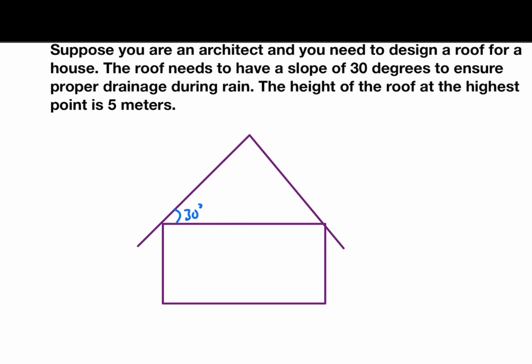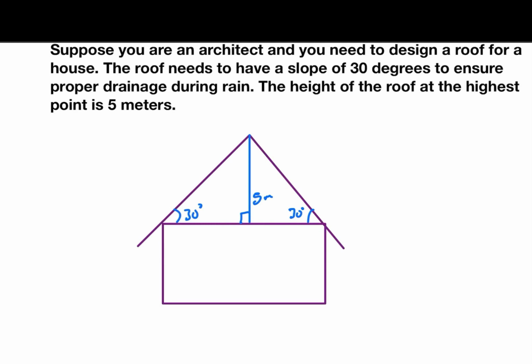You don't want the rain to stay on your roof, so you want to make sure this is at a 30 degrees angle. And you also want to make sure that the height of the roof is 5 meters. Let's call it 5 meters.